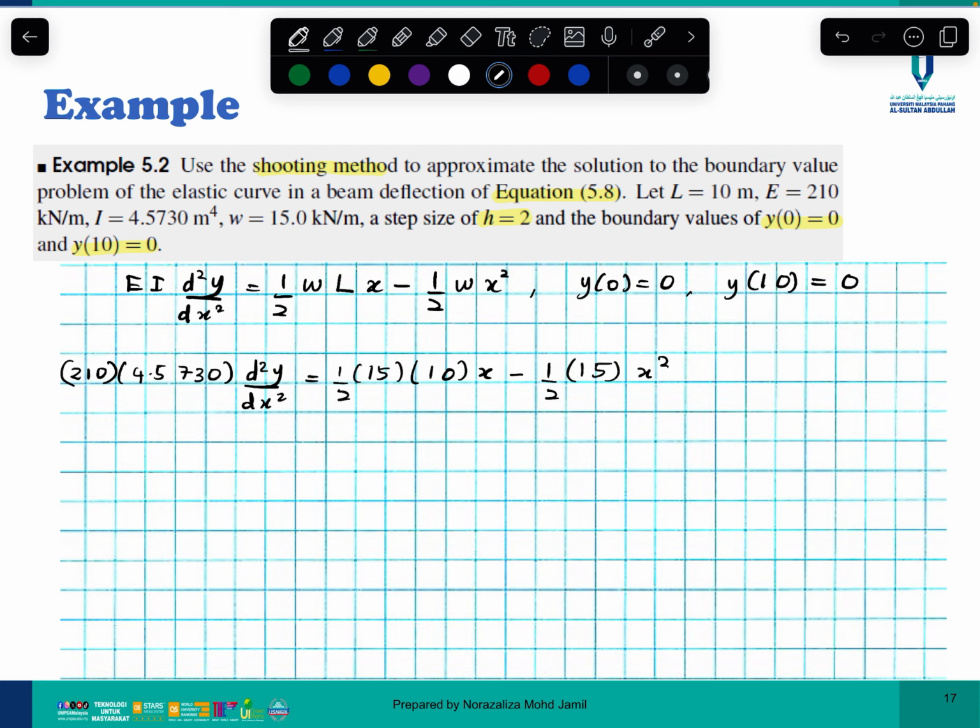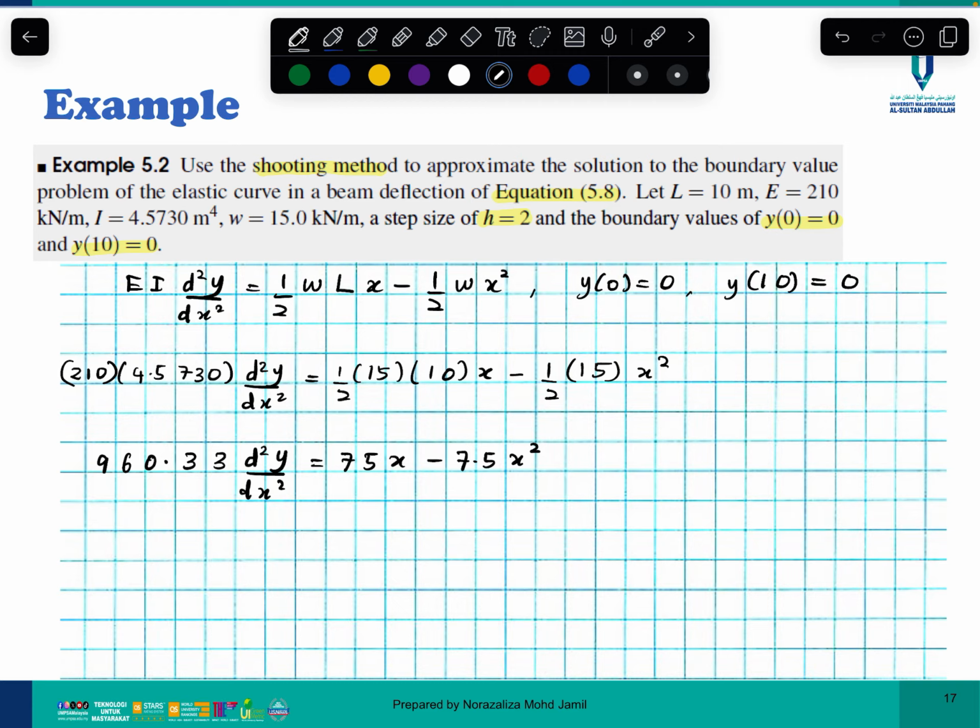So we will simplify this. It becomes 960.33 y'' equal to 75x minus 7.5x².